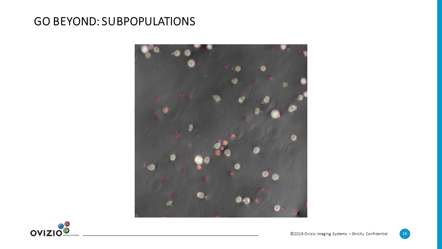For the last couple of slides, I have some interesting topics where we go beyond the measurement of just viability and total cell count. As you can see here, it is possible to differentiate subpopulations within your CAR-T culture. In this particular case, you can see that it is perfectly possible to track small contaminants.